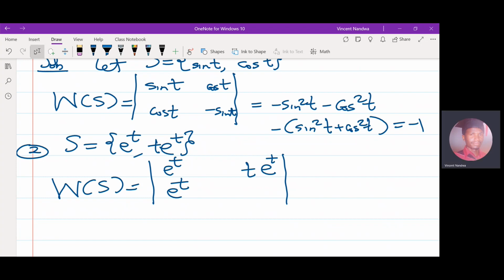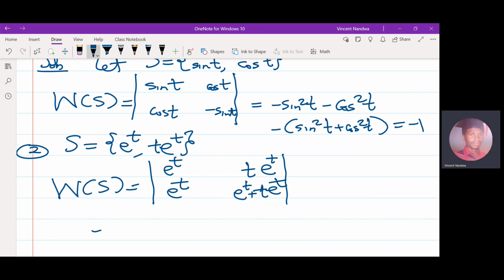Which rule do you use to differentiate that? Product rule. So u prime is 1, so times this we get e power t, plus when you differentiate e power t, you get e power t times u, you get t e power t.